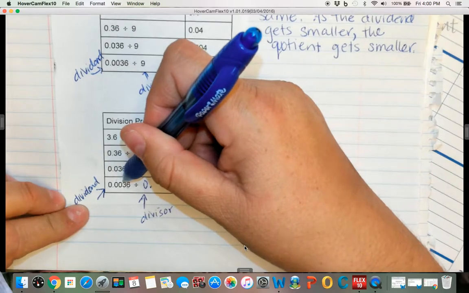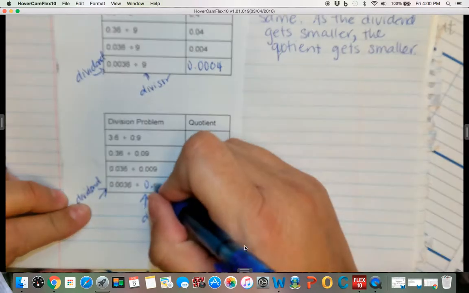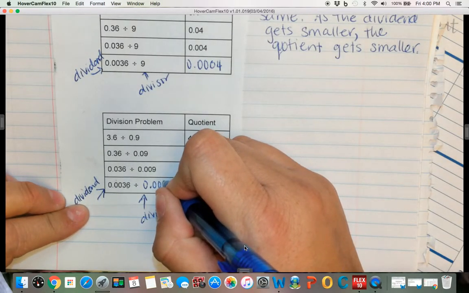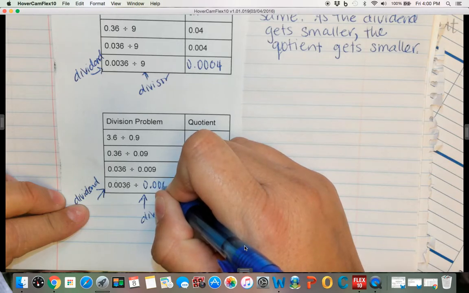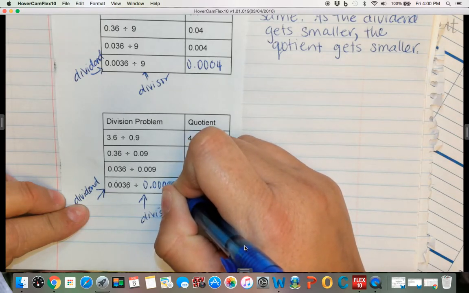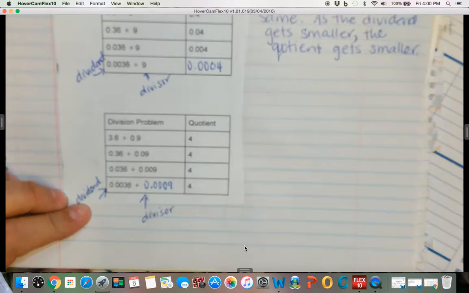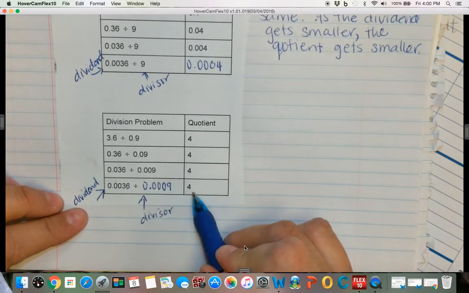Tenths, hundredths, thousandths, 10,000ths. And I get a whole number.